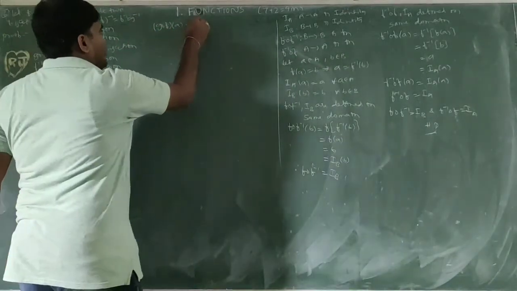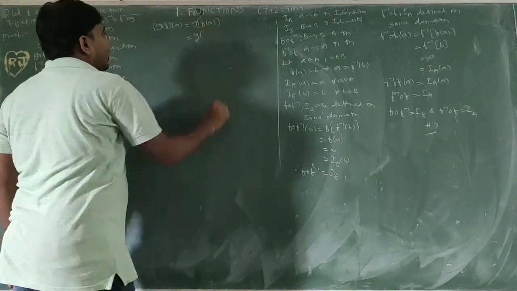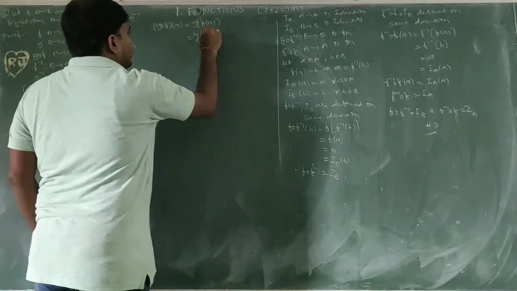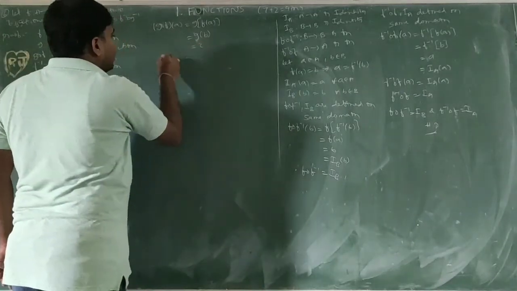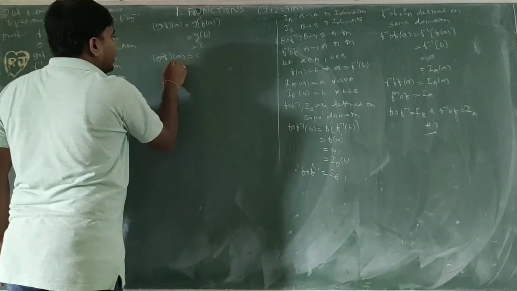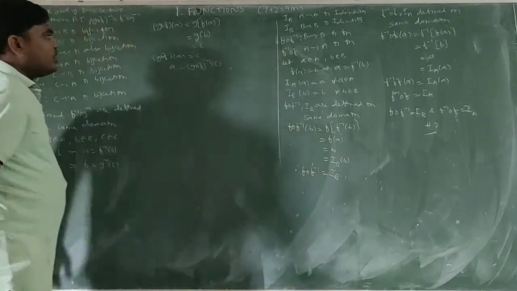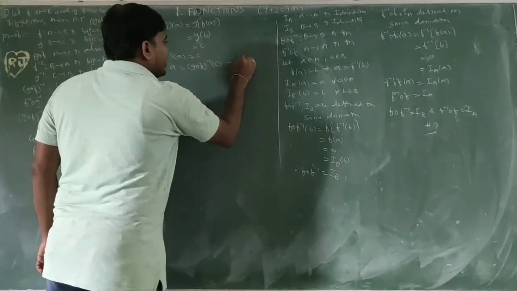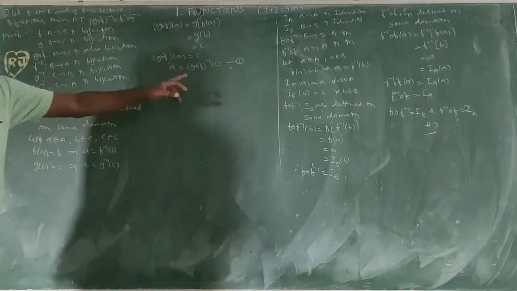So G of F of a equals G of b, which equals c. G circle F of a equals c implies a equals (G circle F) whole inverse of c. Let this be equation number 1.